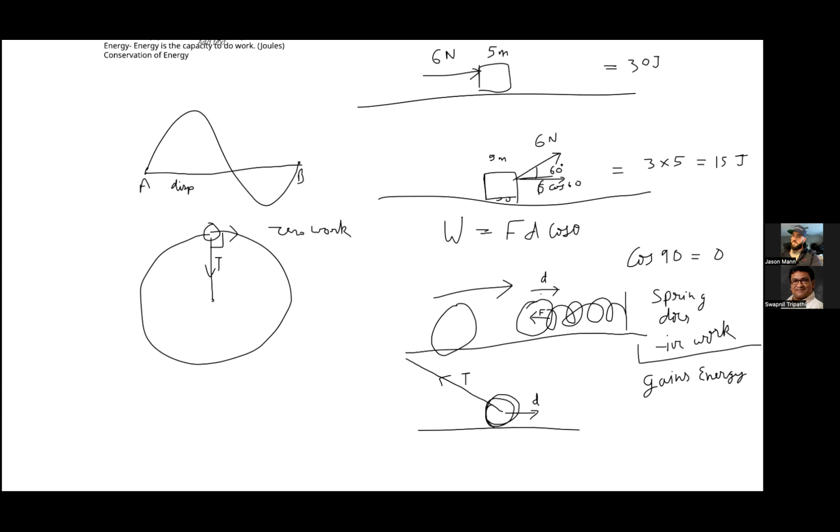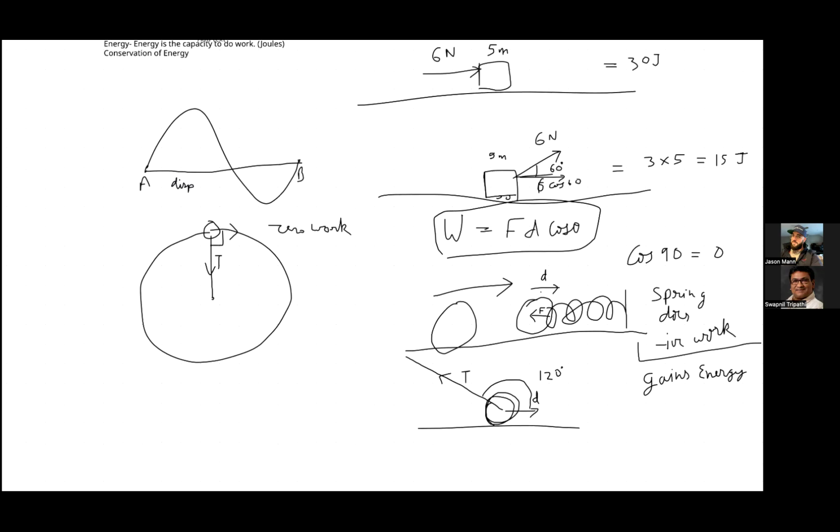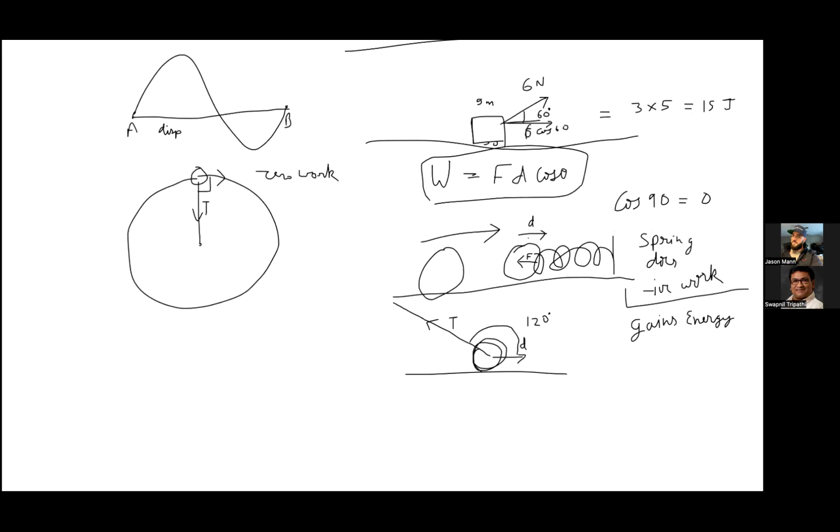So this will also do negative work. And if you think about it from this formula, W, work, is equal to F D cosine theta, you will have to use this angle. This angle is more than 90 degrees. Could be like 120 degrees or something like that. And if you're really an expert with your trigonometry, then you would know that cosine of an angle greater than 90 degrees is negative.